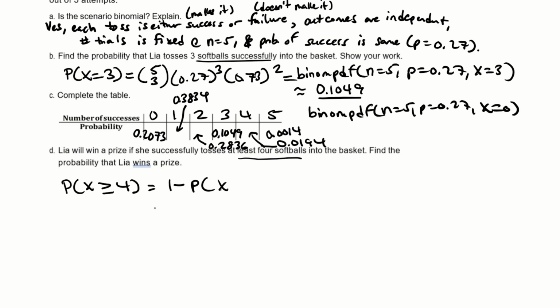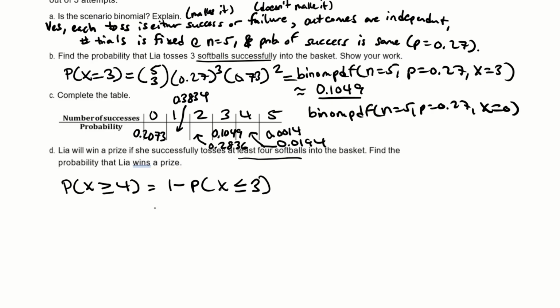All right, so D. Leah will win a prize if she successfully tosses at least 4 softballs. Find the probability. So the probability that x is greater than or equal to 4. So we're going to do the opposite of that: 1 minus the probability that x is less than 4, or the same thing as less than or equal to 3.